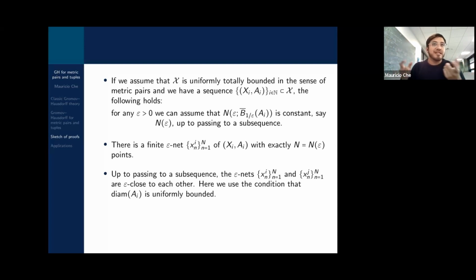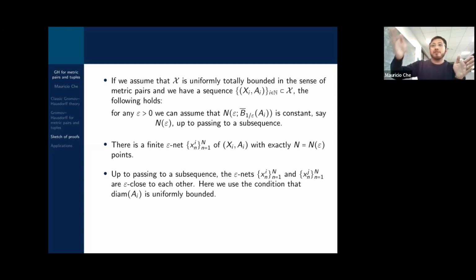So basically, again, by using this sort of pigeonhole argument, we can say that there is an infinite subsequence such that the distances between pairs of points are very close to each other.